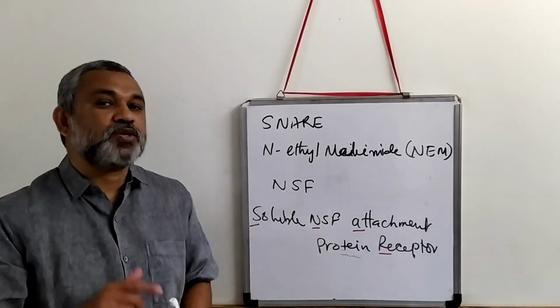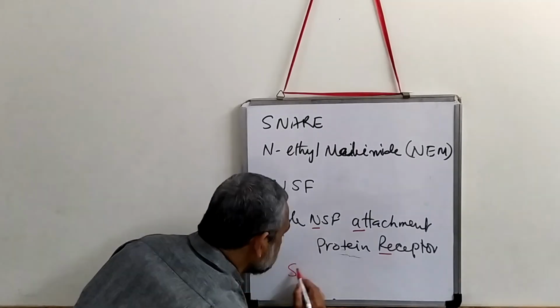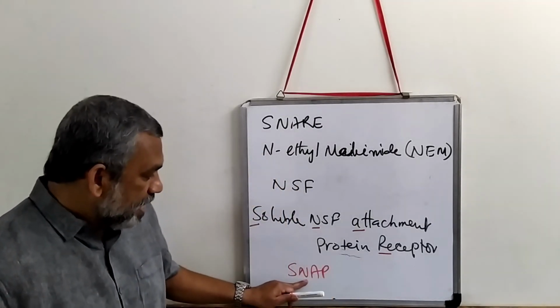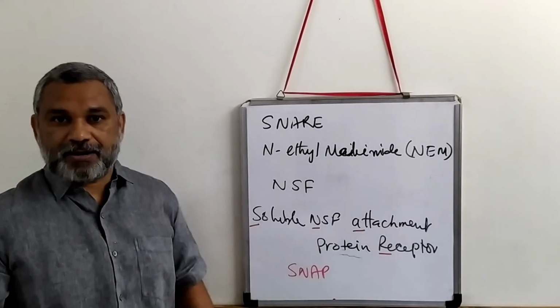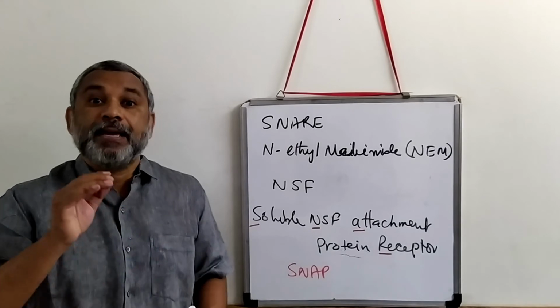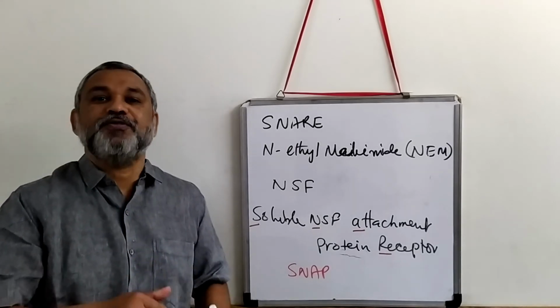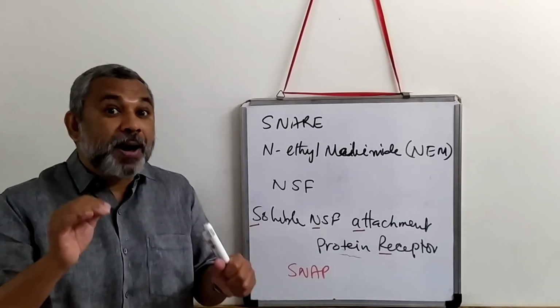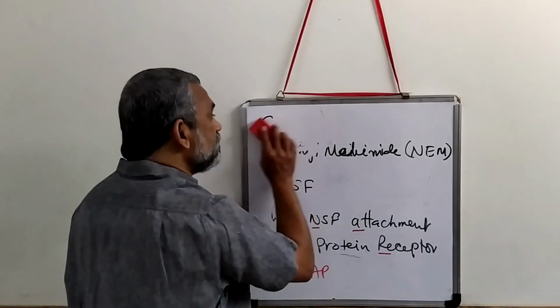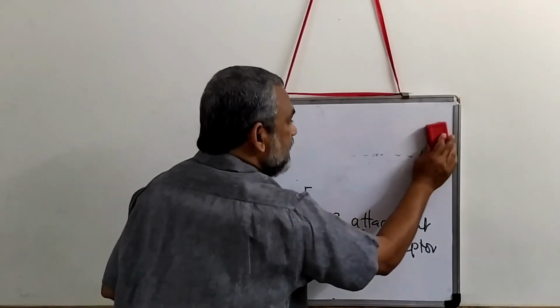Now we are going to come across another protein that is called SNAP protein, that is soluble NSF attachment protein. We will see what its role is in the last step of this intracellular trafficking by using COP2. And the last step, that is the 8th step, is the recycling.